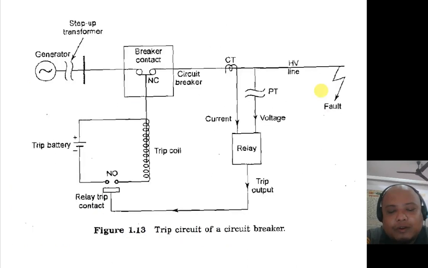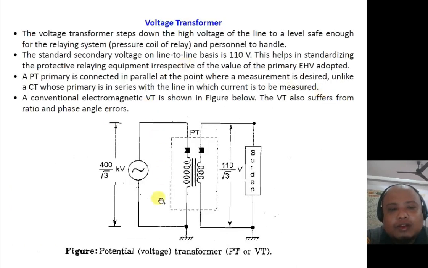Now coming to the voltage transformer, as you can see, it steps down the high voltage of the line to a safe level for the relaying system and the personnel to handle. The standard secondary voltage on a line-to-line basis is 110 volts.